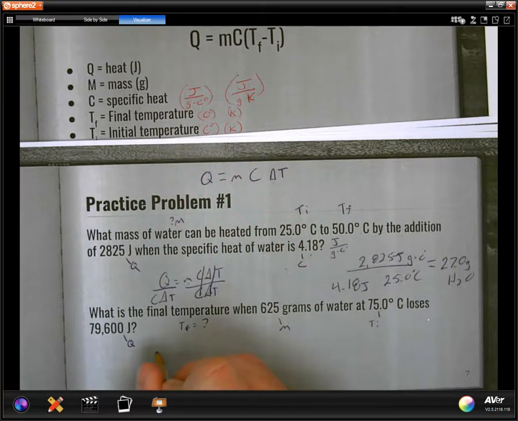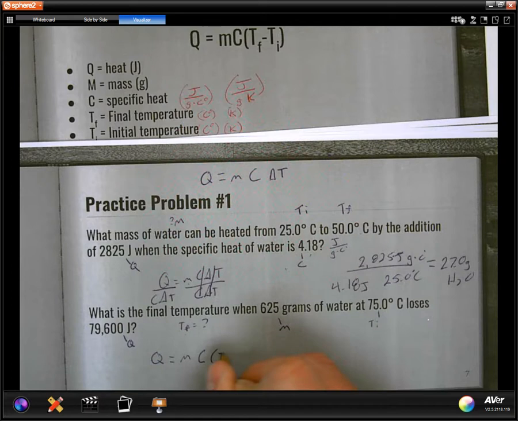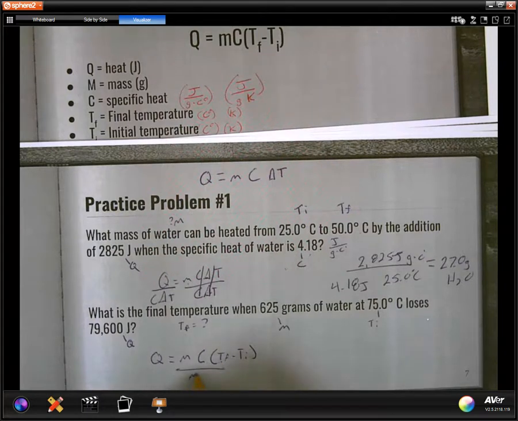Again, what I suggest you do is do your algebra first, and this will make your life a lot easier, because as you do it a few times, it becomes automatic, plus you're less likely to make a mistake when you go to plug your numbers in. So we're solving for TF. The first thing I do is get MC to the other side.